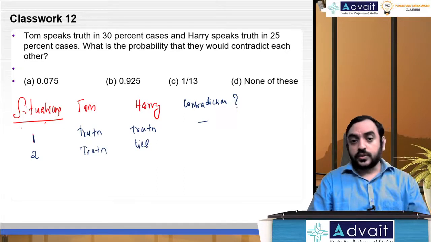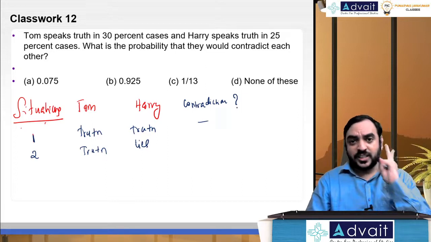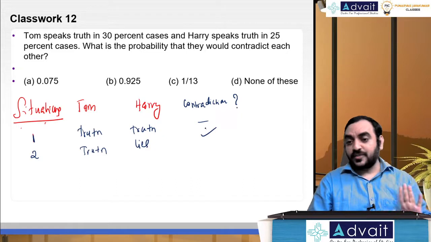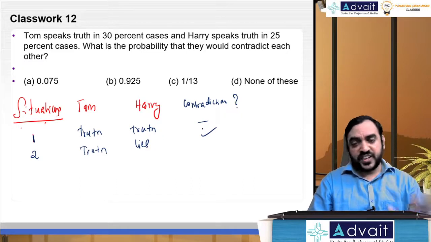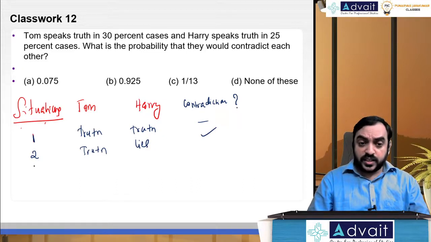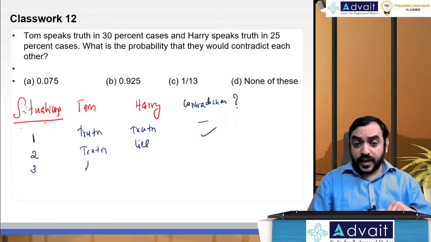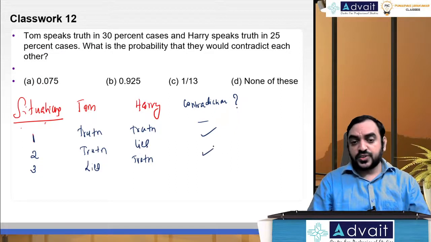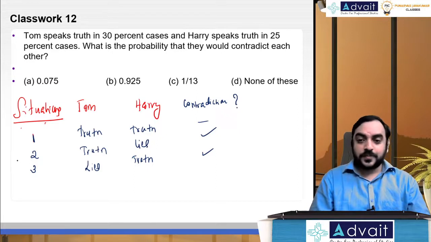One person telling the truth, other person telling lies, so there is contradiction. Third situation, Tom lies, but Harry speaks the truth. Here also, they are telling opposite things, so there is contradiction.